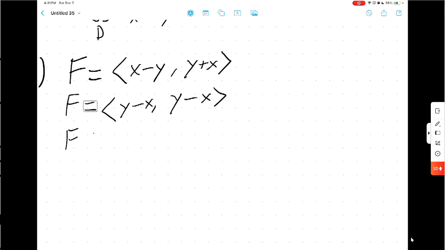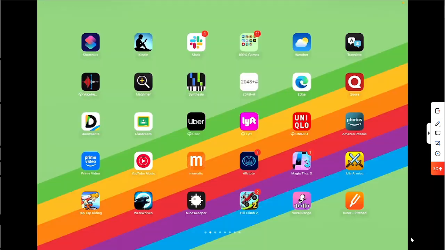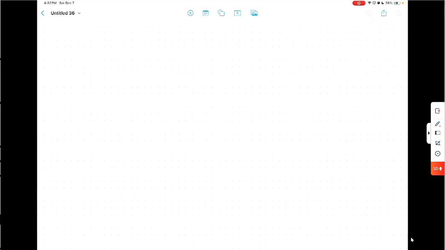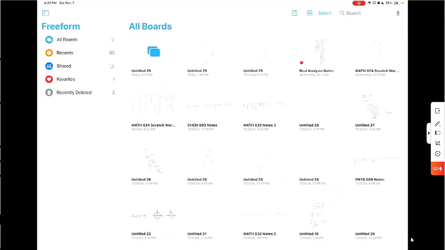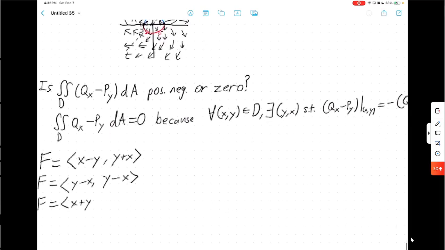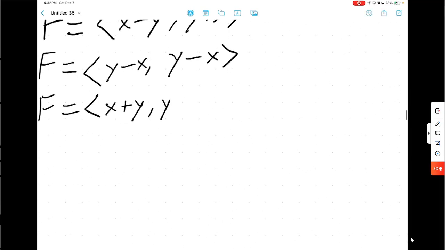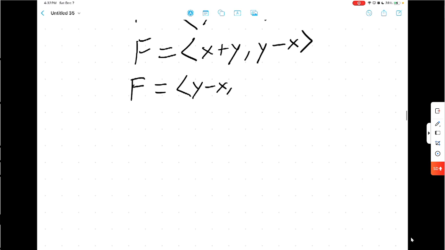Y minus x, and then y minus x, y plus x. And the fifth one is going to be x plus y, x plus y.